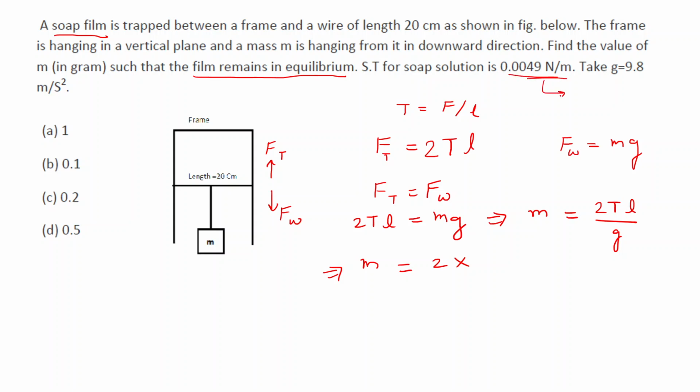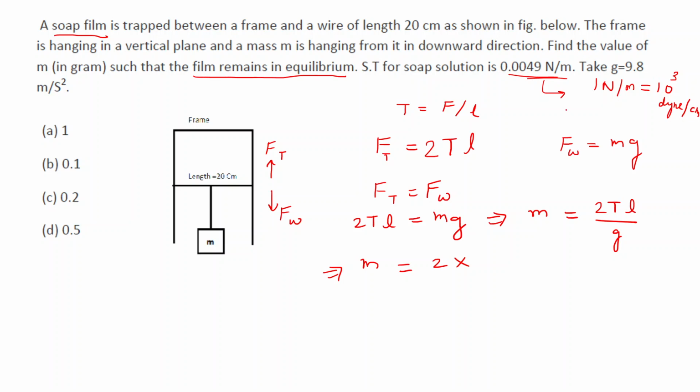I'll convert it into CGS. So 1 Newton per meter is 10 to the power 3 dyne per centimeter. Dyne per centimeter is in CGS.